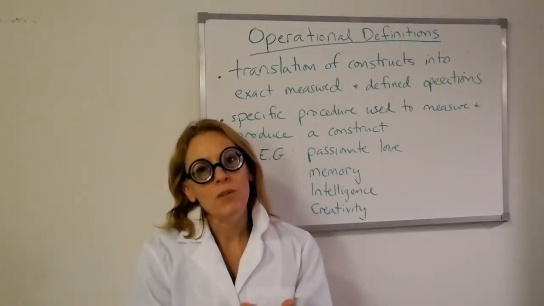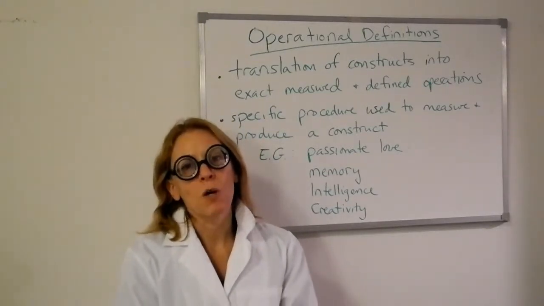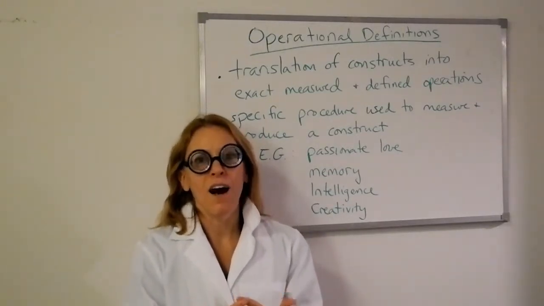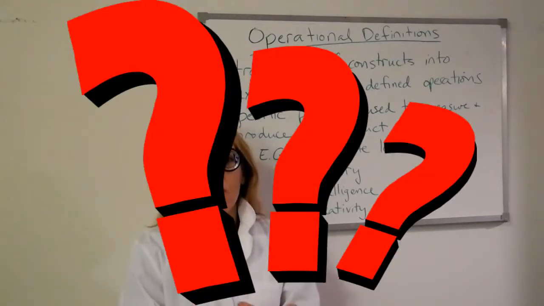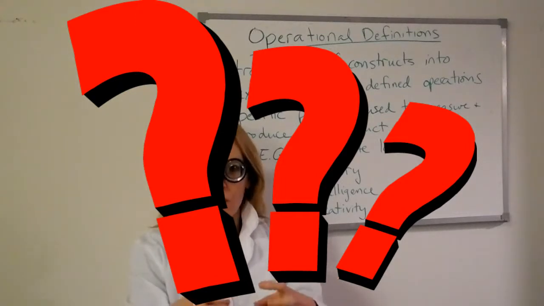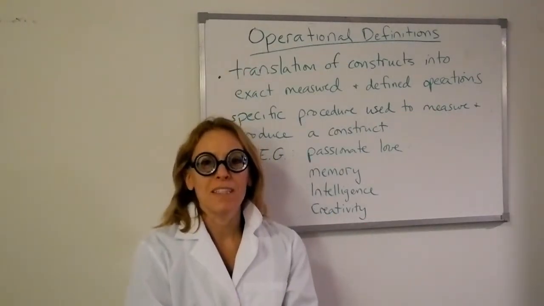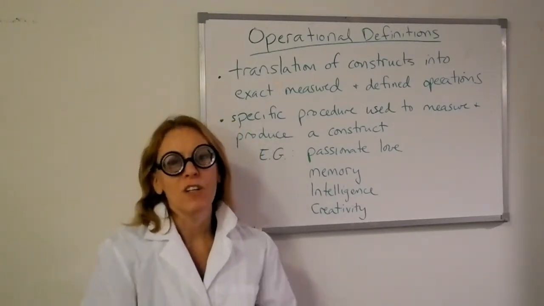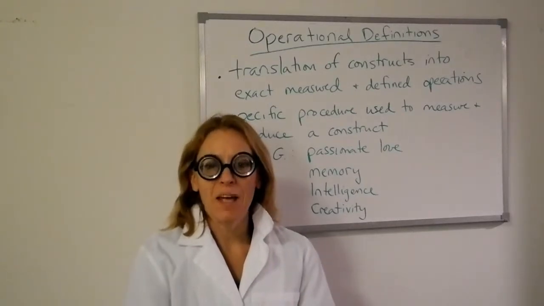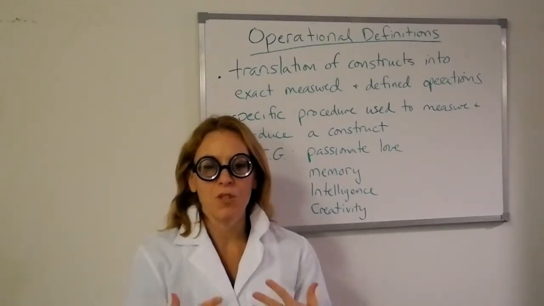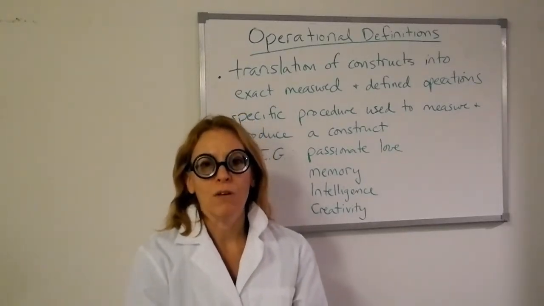So the really cool thing about psychology is that we do study so many interesting concepts and constructs, but they are very difficult to measure. Unlike molecules that you can actually put your hands on or see, or chemicals that you can mix together and see that reaction for sure, we have to sort of approximate our variables.